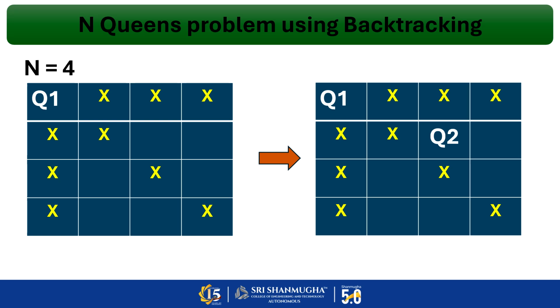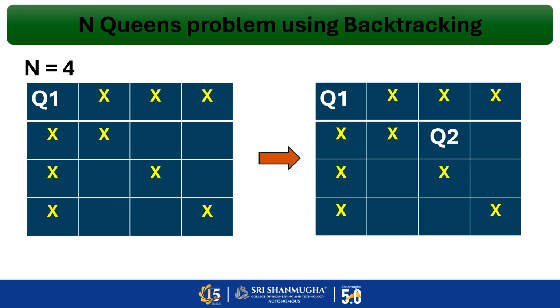Now this is on the left hand side. So see, for each row I have to place one queen. That is, first row queen 1, second row queen 2, third row queen 3 and fourth row queen 4. This is how we are going to place. So first row I have done successfully. Next I am looking at the second row.